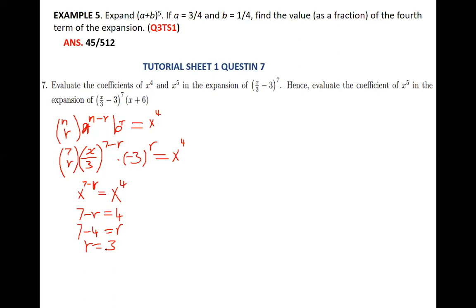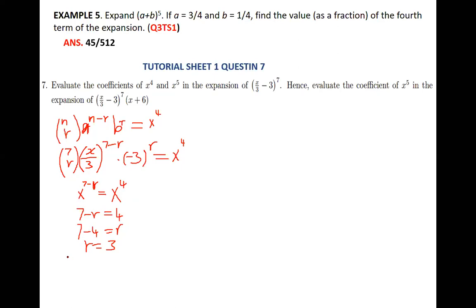So if your r is 3, you can now find the term, or the coefficient, of x to the power 4. And how do you do that? It's by replacing this r there in this expression.